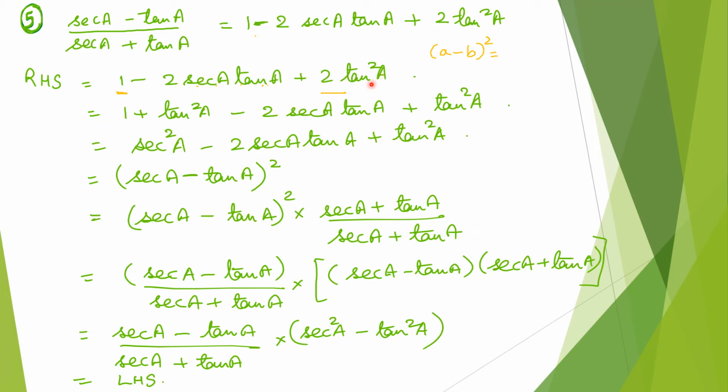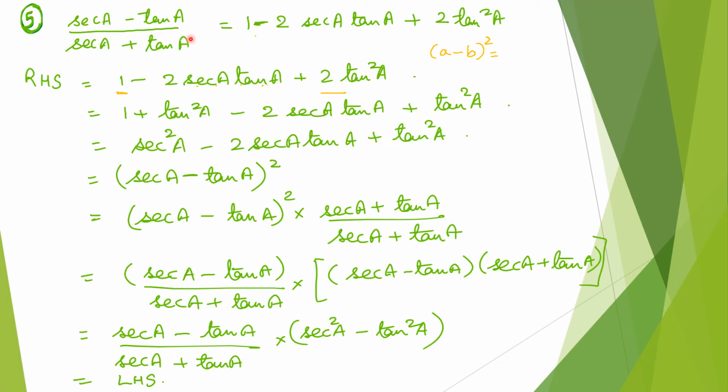I have 2 tan square a's. So I'm splitting 2 tan square as tan square plus tan square. Now this is becoming 1 plus tan square, that will give me sec square, and this is 2 secant a tan a, and this is tan square a. So that was giving me secant a minus tan a whole square.